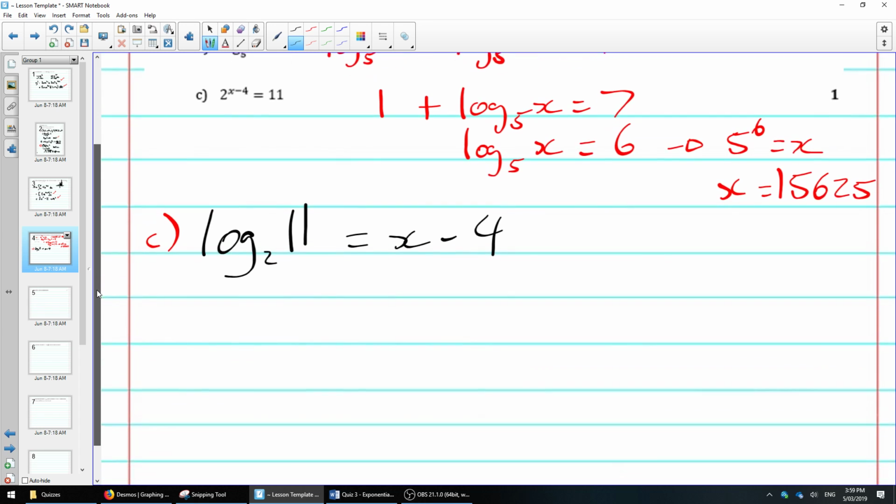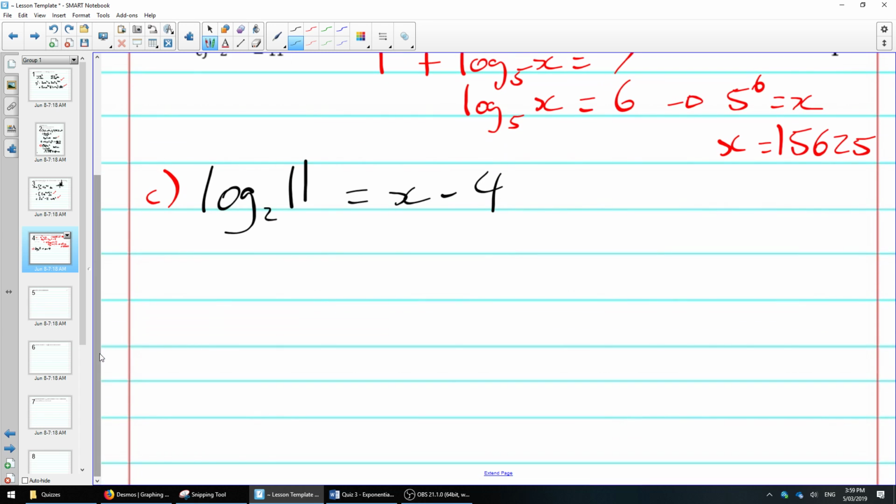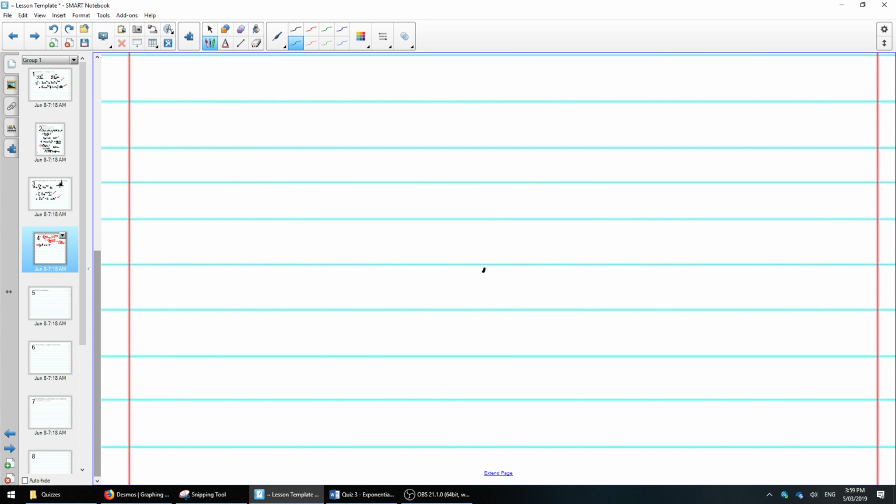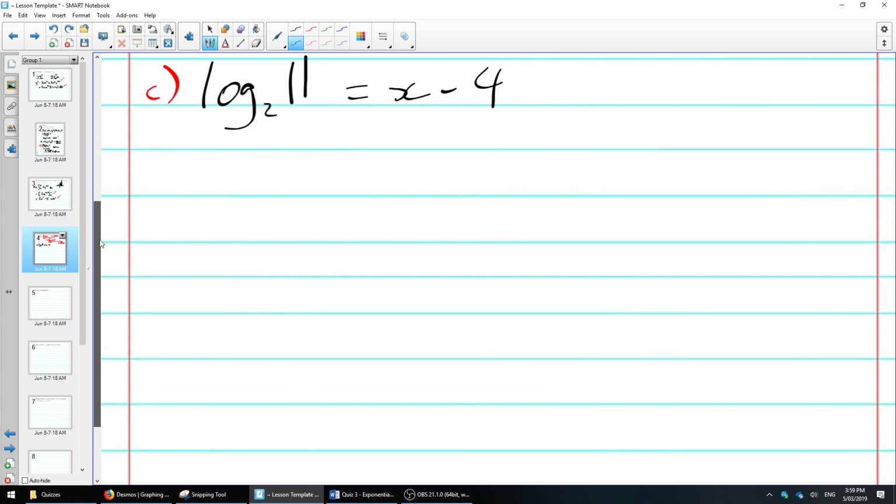Obviously I want x by itself, so what do I need to do? Plus 4, to move that 4 to the other side. So x equals log base 2 of 11, plus 4.